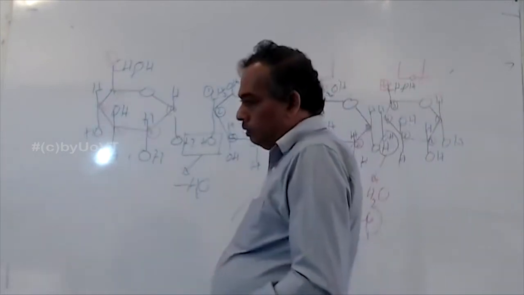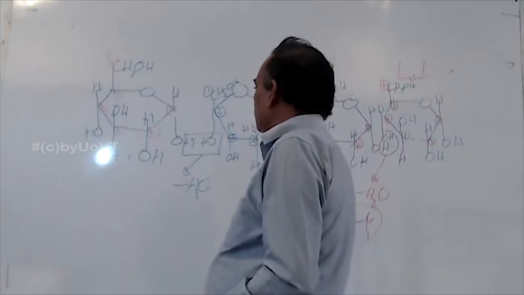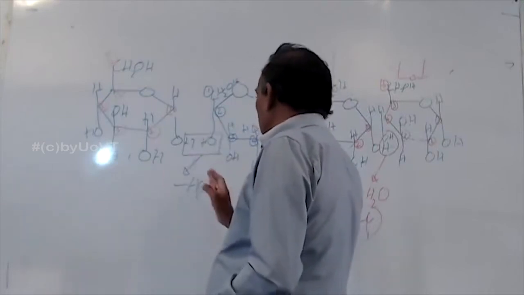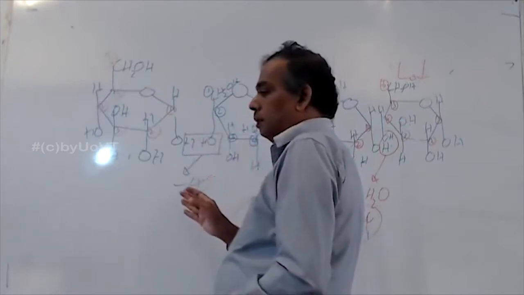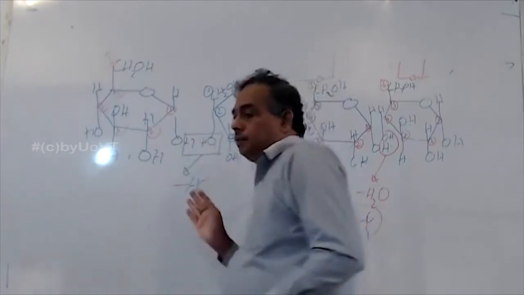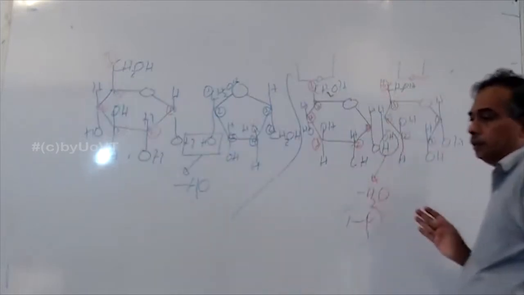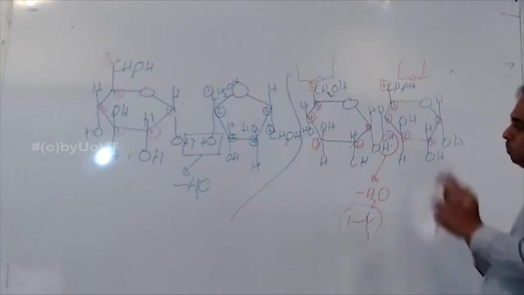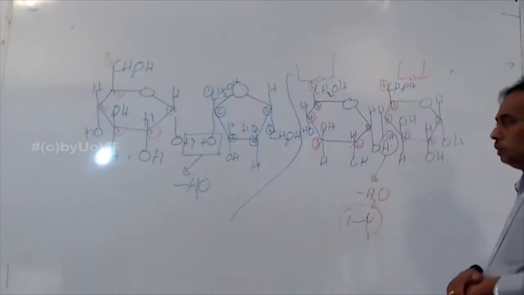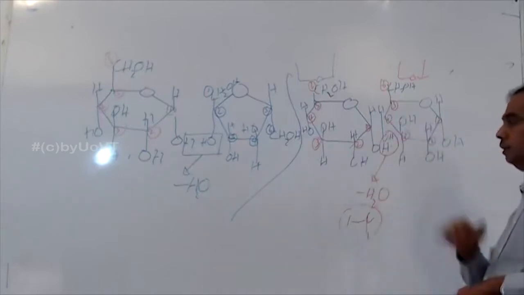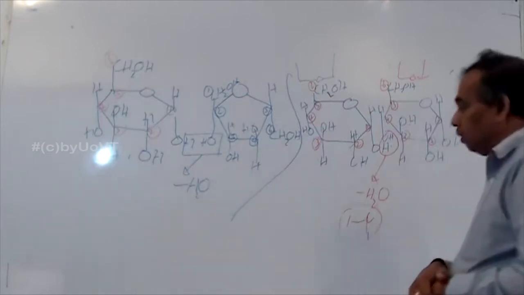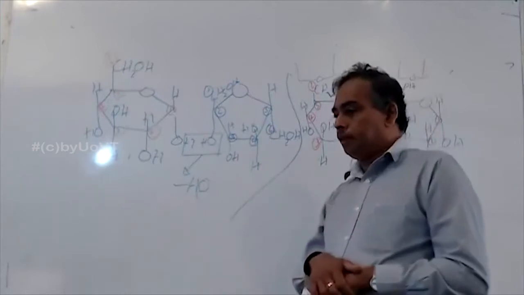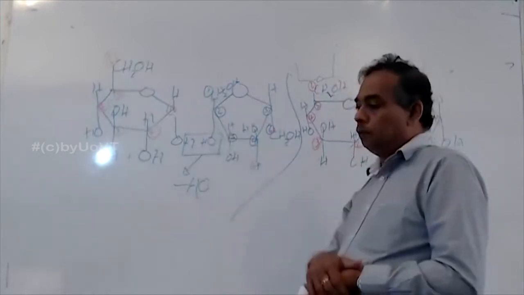So what is the difference between sucrose and maltose? In the case of sucrose, the bond is between 1 and 2 with an alpha linkage. Both compounds contain an alpha linkage. In maltose or sucrose, the position may sometimes be beta, depending on the position of the hydroxyl group.